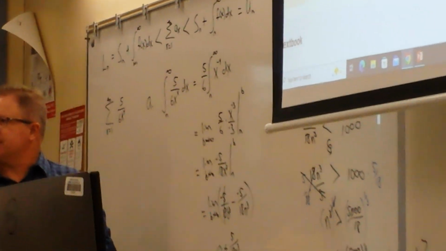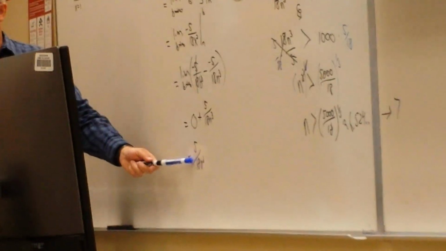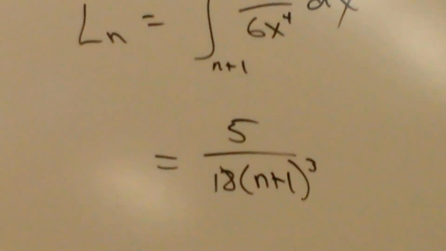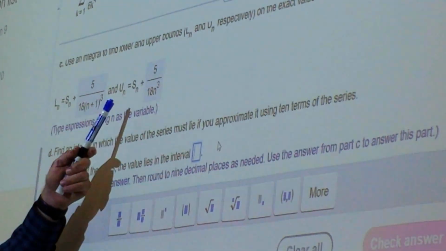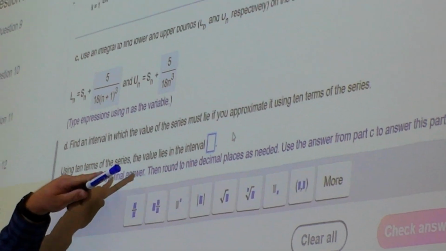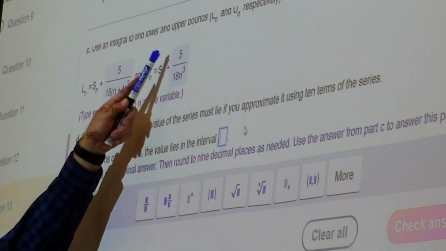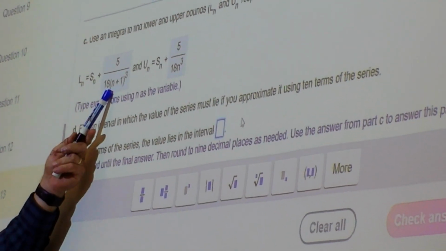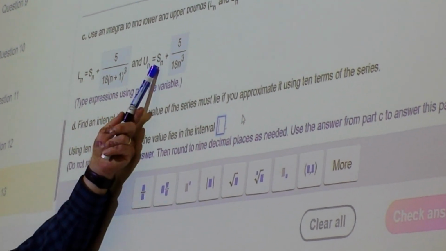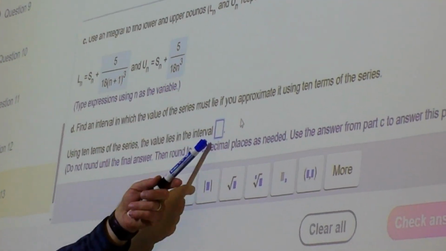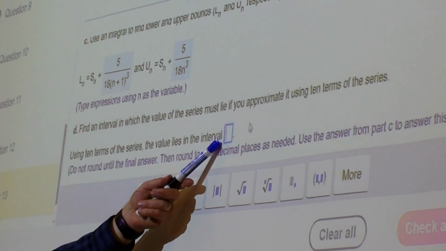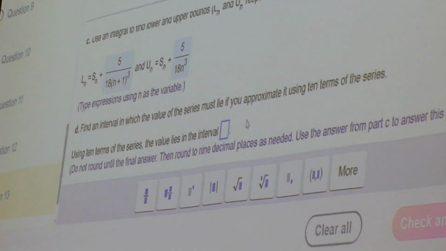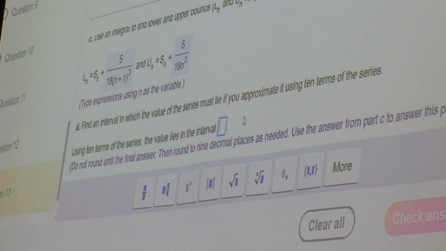Does that make sense? Fortunately, we already did this, and we already have this and this. So to answer this, we're doing this and this with n equals 10. So you have to find S of 10 and put 10 in here. Find S of 10 and put 10 in there. That'll give you the answer for this. All right? Okay, let me erase this work.